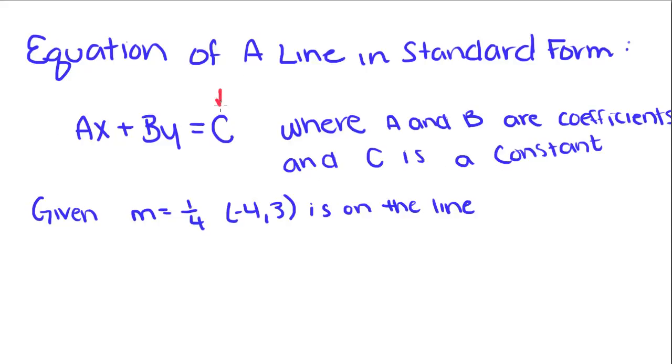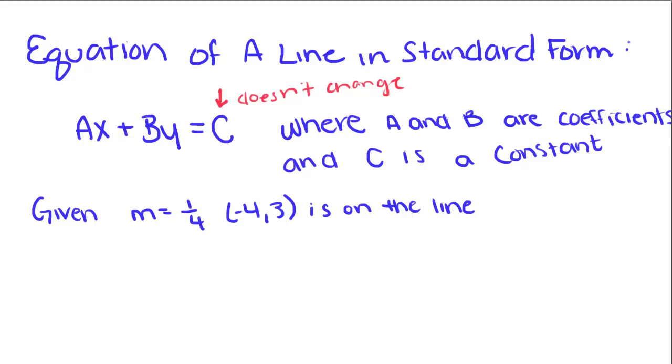So this number doesn't change. So given m equals 1/4 and the point (-4, 3) is on the line, find the equation of the line.